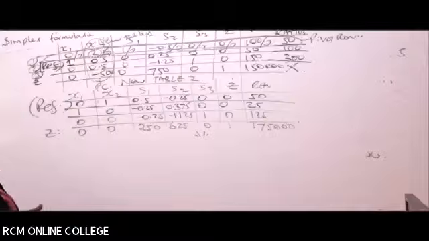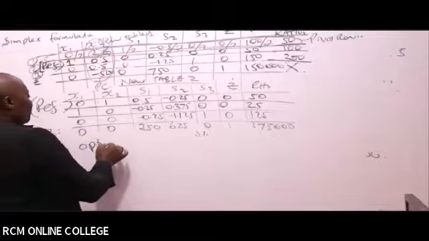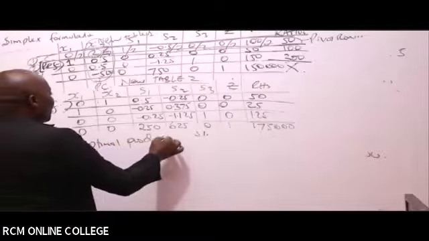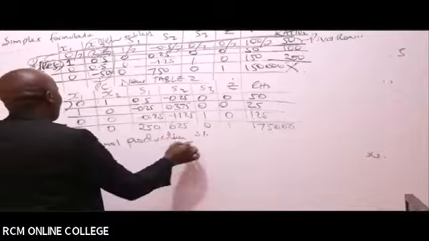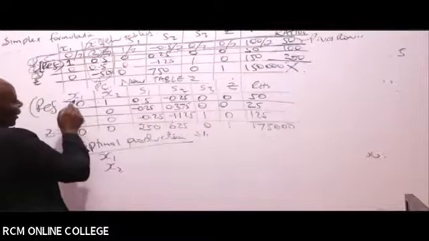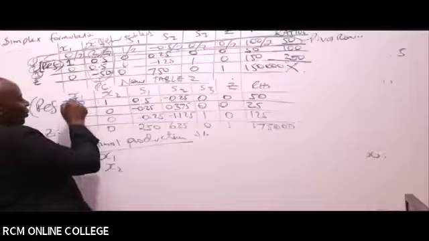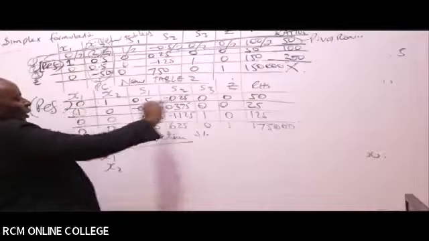Now, ladies and gentlemen, once I get that, we start with the optimal productions. Optimal productions, very easy. So we have X1 and X2. X1, where is the pivot? You see 0, 1. So X1, 1 here. But now you go the other side.